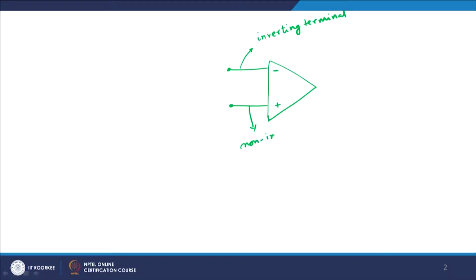So, let me give you an idea about what this looks like. As I discussed, I have an operational amplifier like this, with a negative and a positive terminal. The negative terminal is referred to as the inverting terminal, and the positive is referred to as the non-inverting terminal.